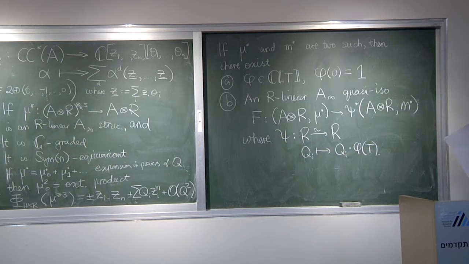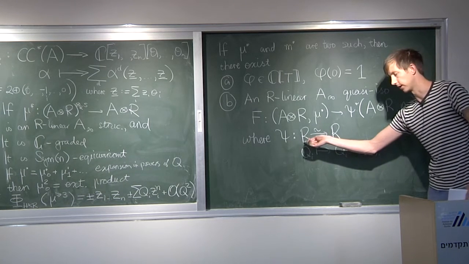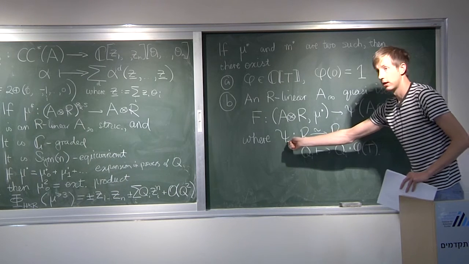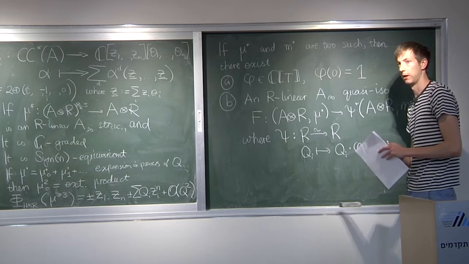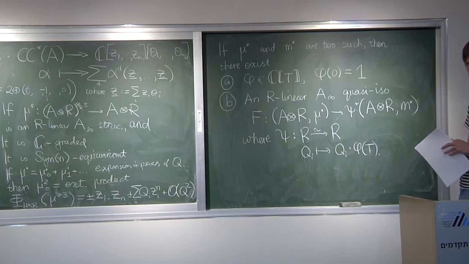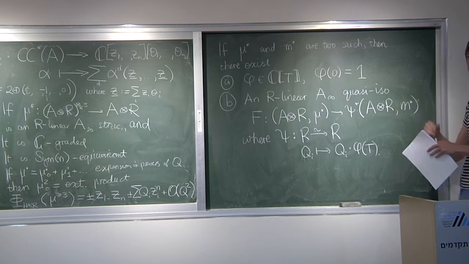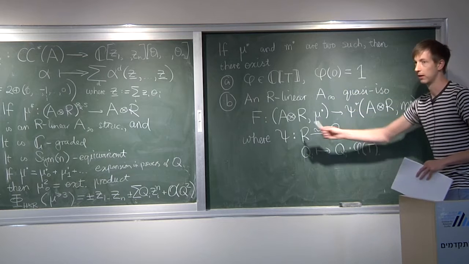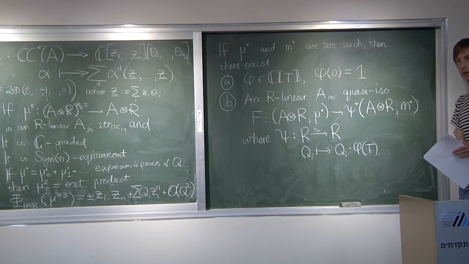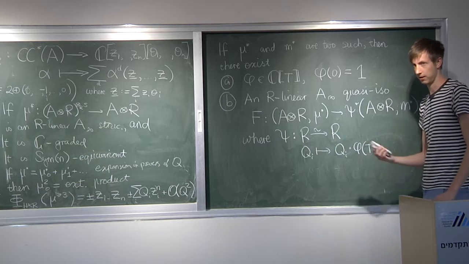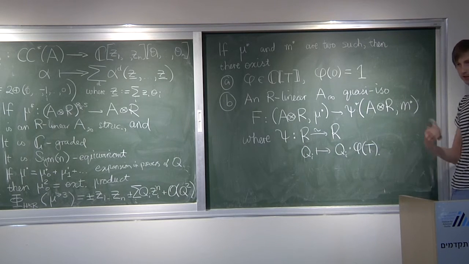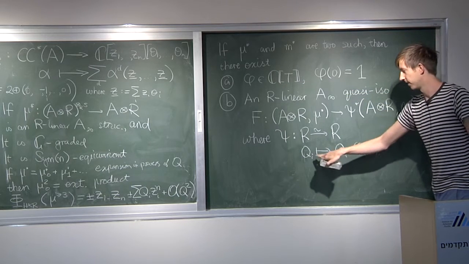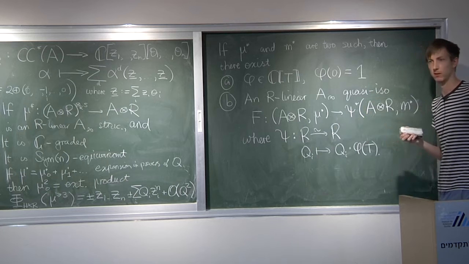Yes, T is the product of the q_i, which has degree 0, so this is graded. What's psi? Psi is an automorphism of R. I'll prove the existence of this automorphism. It's not something you defined before. No, it's something we'll define. We'll prove order by order the existence of the coefficients of phi that make this statement true.